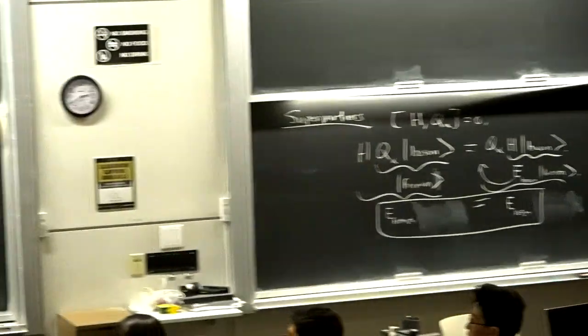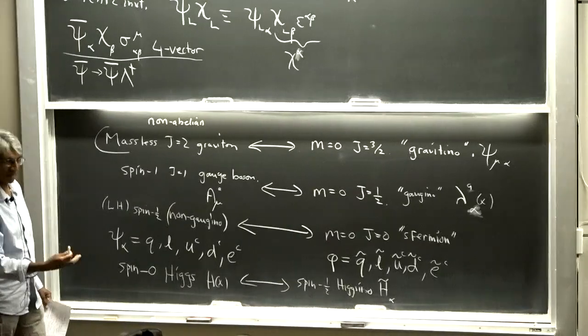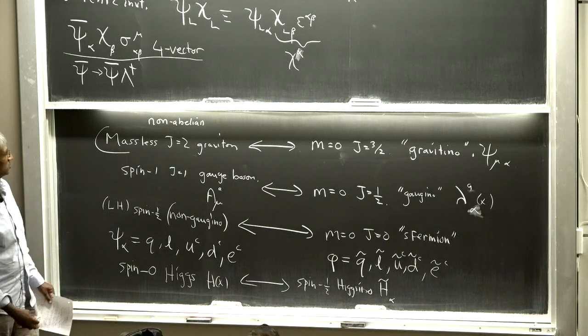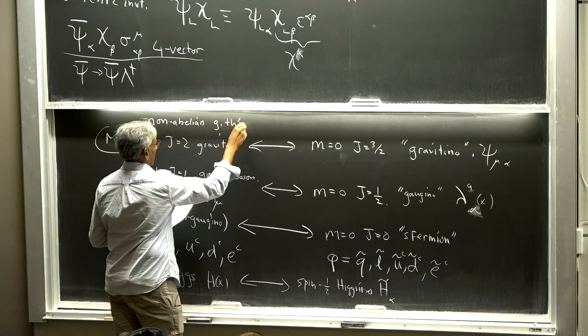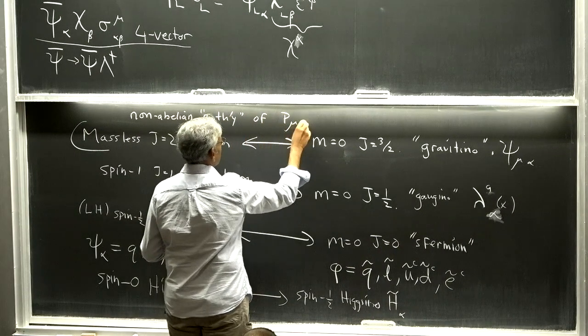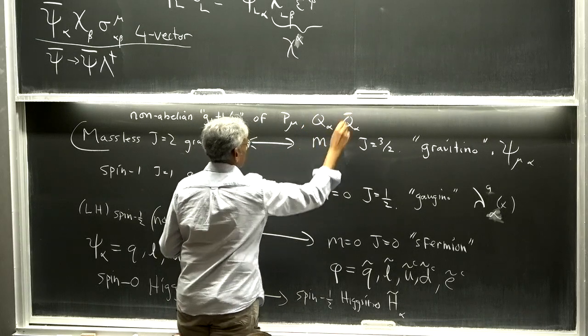Now I use that term loosely because it involves commutators and anti-commutators, but it's a nonlinear theory in which you are gauging translations and supersymmetry, right?